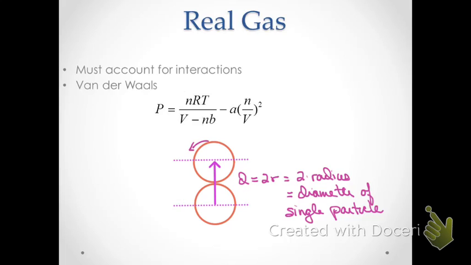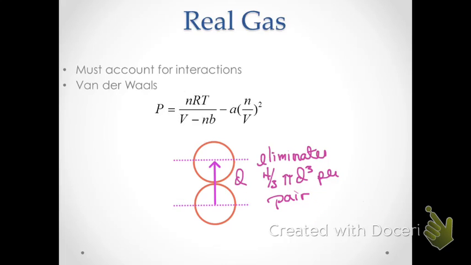Now it's important to note that the particles can get no closer to each other than that. So if I take the particle on the outside here with the little arrow that we see and move that all the way around this other particle that's in the center, there will be a sphere that's mapped out. And the volume of the sphere is going to be 4/3 pi d cubed. Again, d would represent the diameter of a single particle, which is in fact the radius of the sphere.